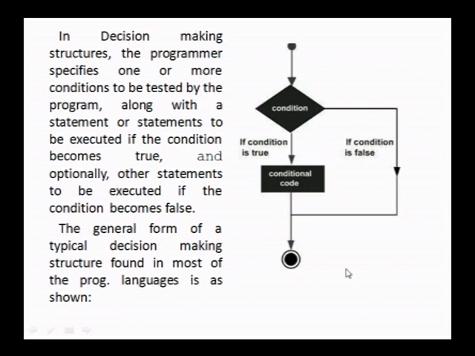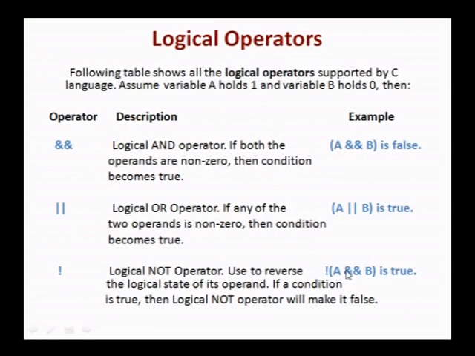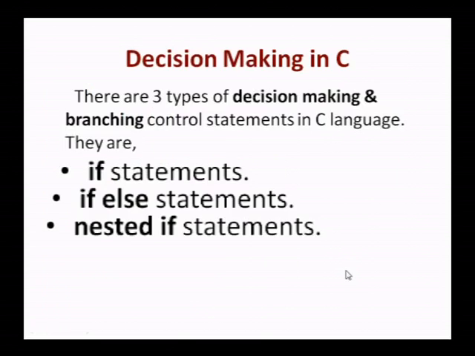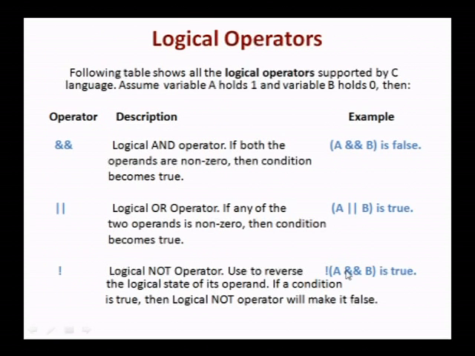And the NOT operator is a unary operator that operates on a single operand. So you have NOT of A and B, which results in true because A and B was a false.